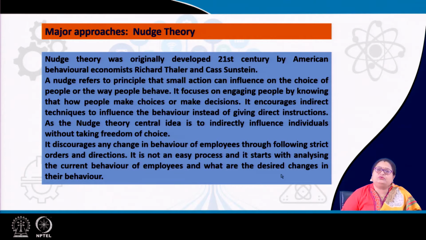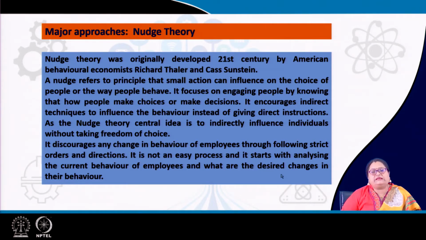But in a nudge, we are indirectly influencing the behavior and trying to motivate people to behave in certain expected ways, but there is always a freedom of choice for people to do it or not to do it. So nudge theory discourages any change in the behavior of employees through strict orders and directions.